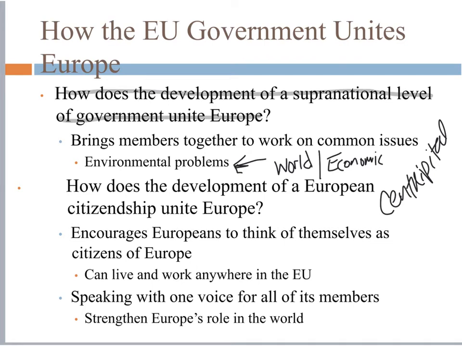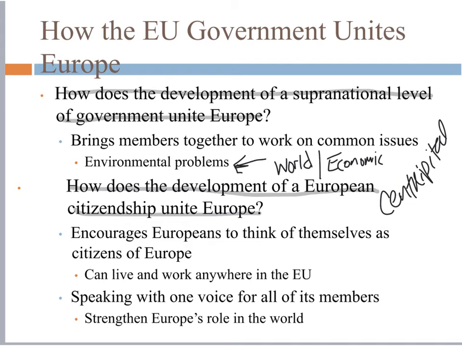To the right of the map, you should be answering in this arrow: how does the development of a European citizenship unite Europe? It encourages Europeans to think of themselves as citizens of Europe, that allows them to live and work anywhere in the EU. Listen, I love Italian food.